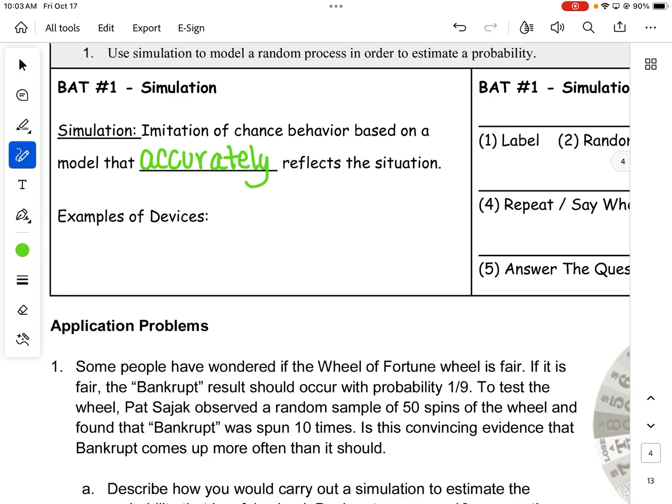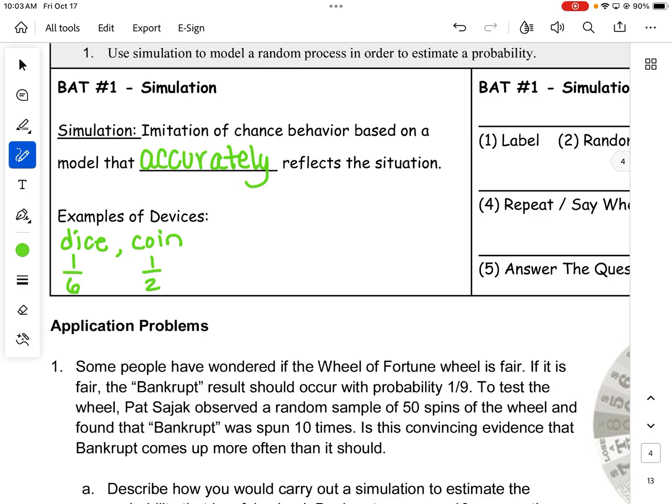Okay, examples of devices. So we can use dice, but it has limits. You have to have 6 options. So 1 in 6 for dice. You can use a coin flip, 1 over 2.